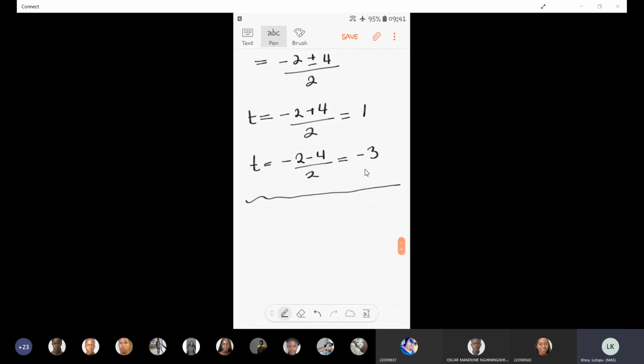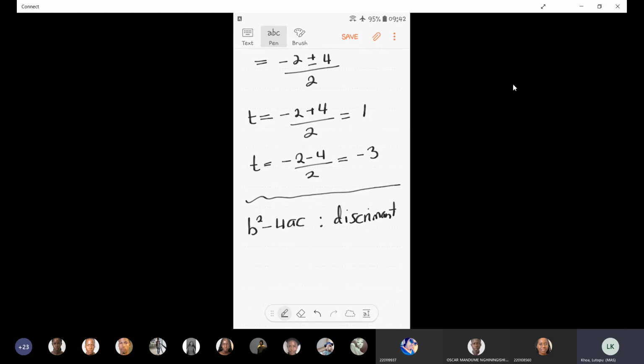Then we have what is known as the discriminant. This value here, b squared minus 4ac, this is called the discriminant. So this is in the formula.